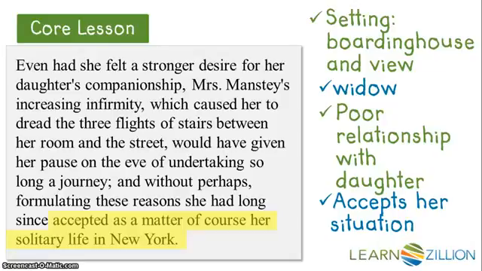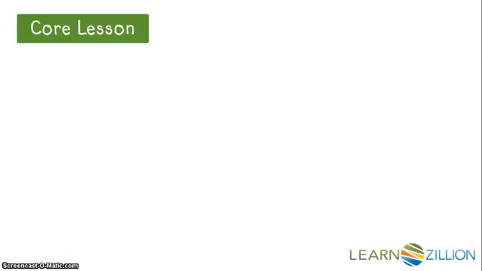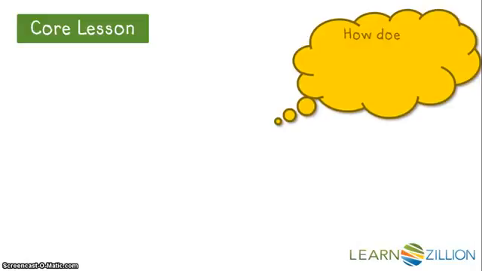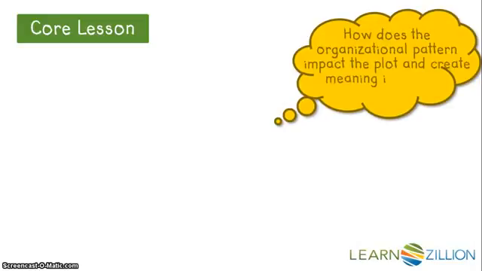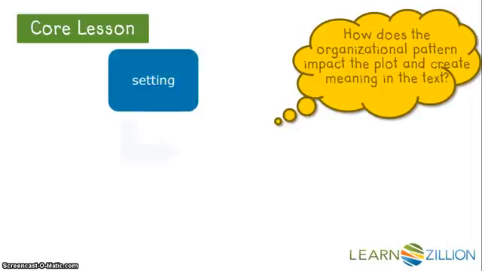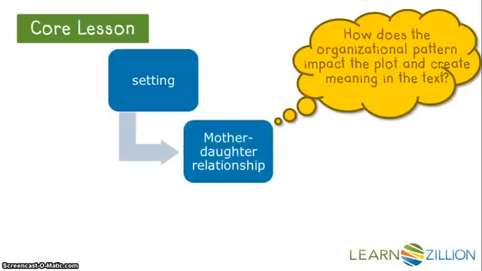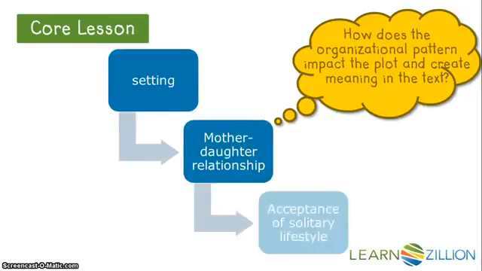Now that we have highlighted the words and phrases that help develop the plot, we can now ask ourselves, how does this organizational pattern impact the plot and create meaning in the text? Remember, we have three parts to the paragraph: the setting, the mother-daughter relationship, and the acceptance of her solitary lifestyle.